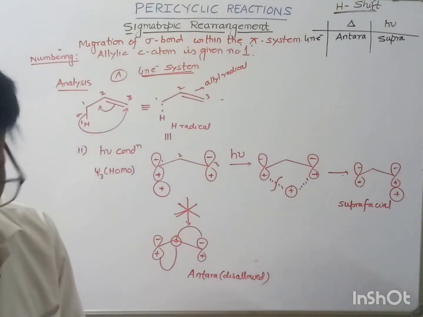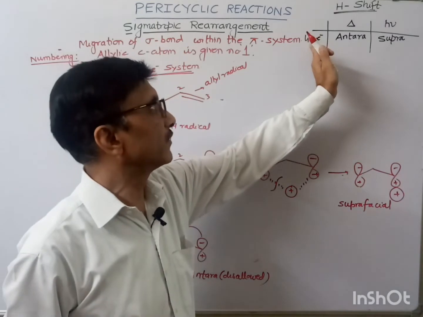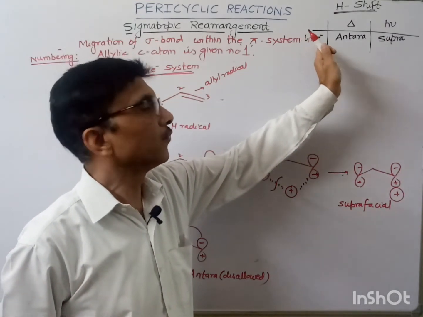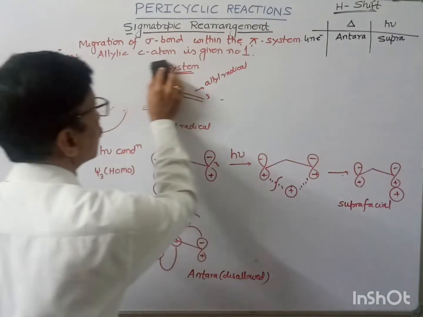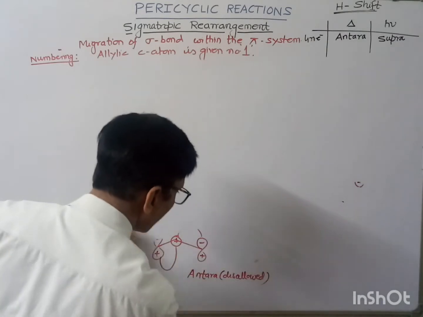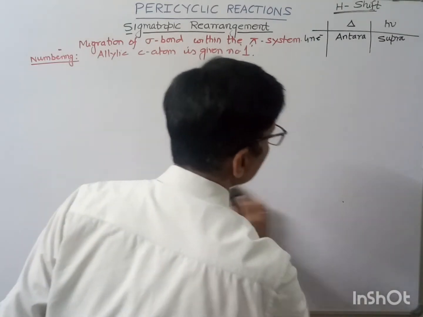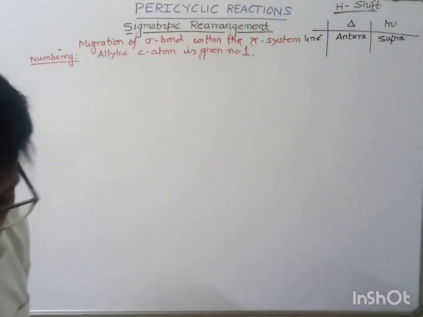Okay. Now I have given the rule for the 4n electron system. In the same way, I may write for 4n plus 2 electron systems. So let us write the rule for the 4n plus 2 electron system, the rule that I will prove here.